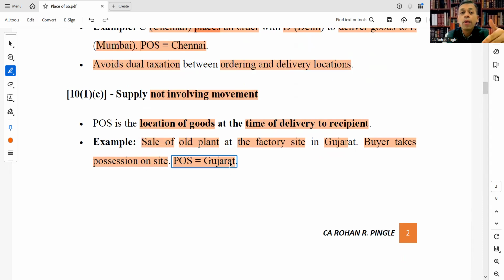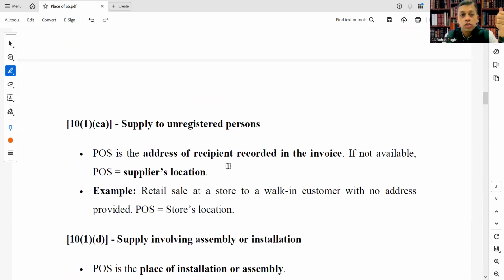So clause C talks about supply not involving movement. Okay. Next clause: section 10, subsection 1, clause CA talks about supply to an unregistered person.